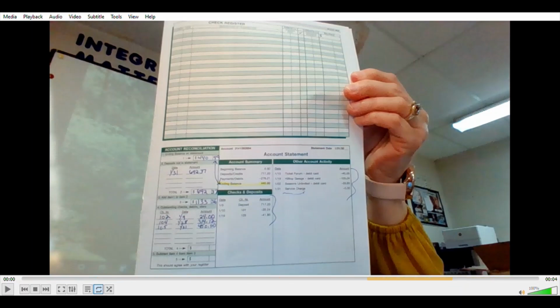So if you go back and look at your Google Sheet, you will notice that check number 102 written on January 9th for $24, check number 104 written on January 28th for $314.12, and check number 105 written on January 31st for $450. None of those 3 items have an X next to it, so therefore it's considered outstanding and it goes in this section.